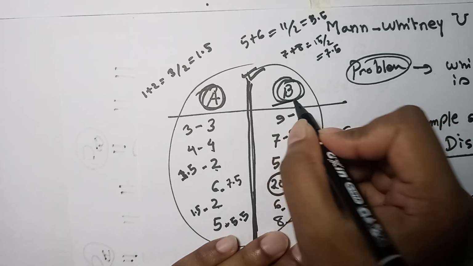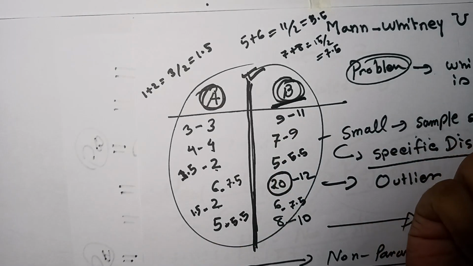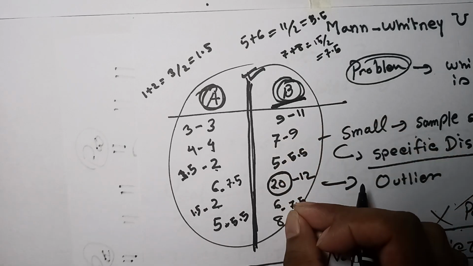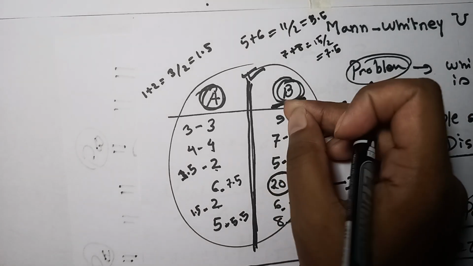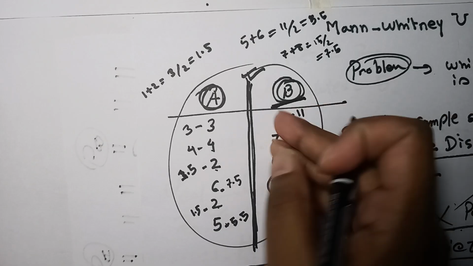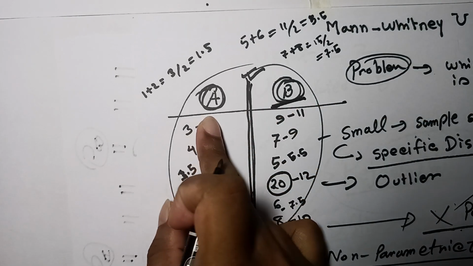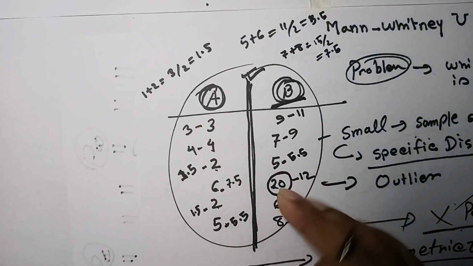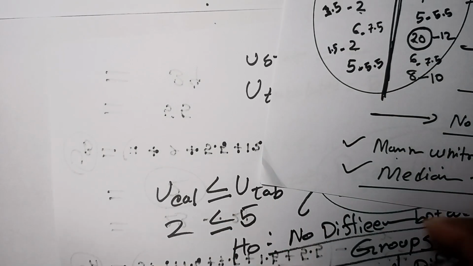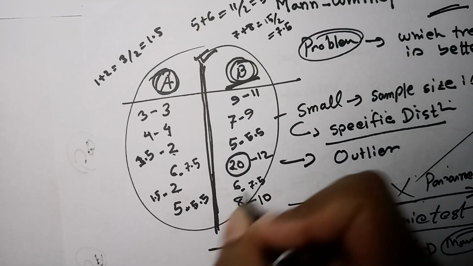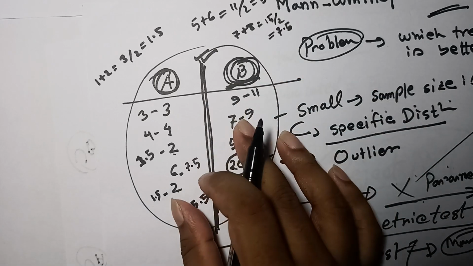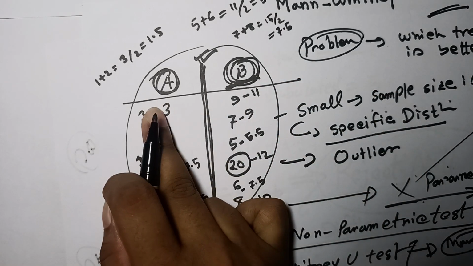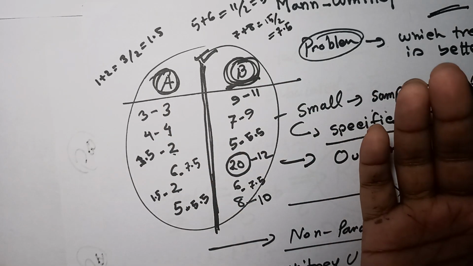And as you can see very easily here, treatment B has higher scores. So it can easily be said that treatment B is better than treatment A. But now, after applying all this calculation, we can statistically determine that yes, treatment B is better than treatment A. Otherwise, we cannot say that.